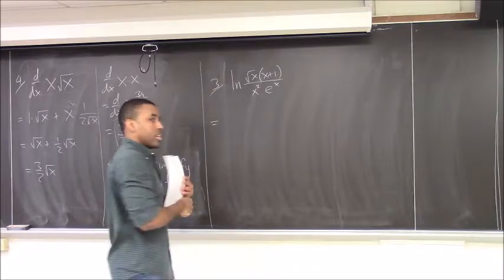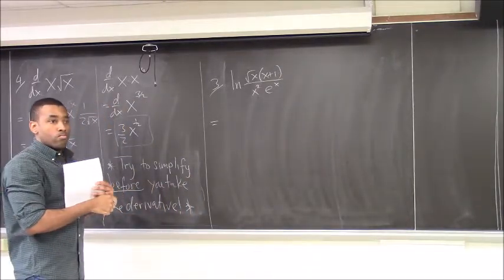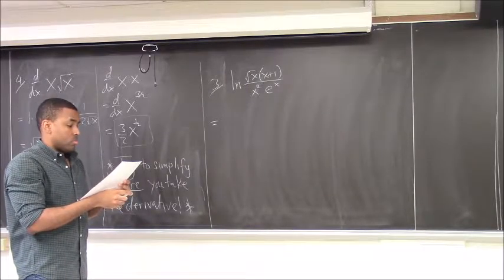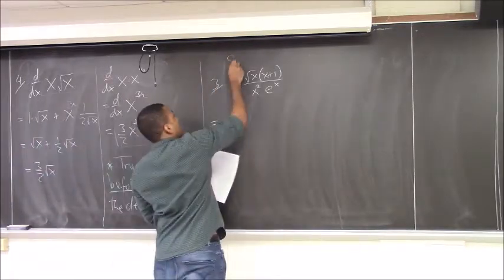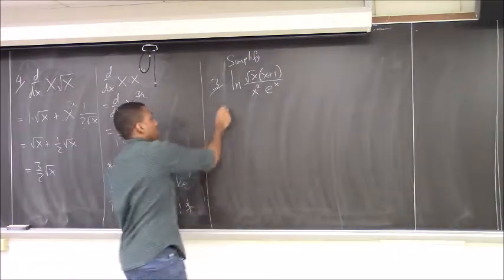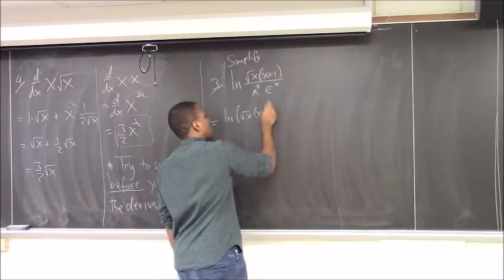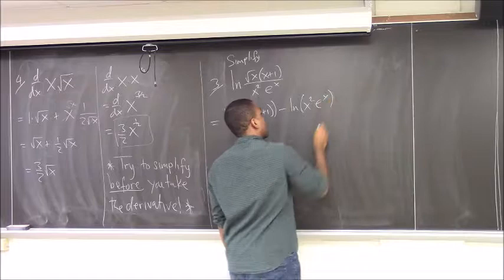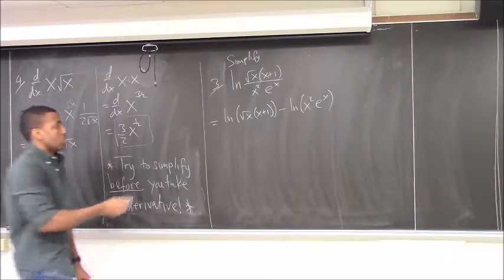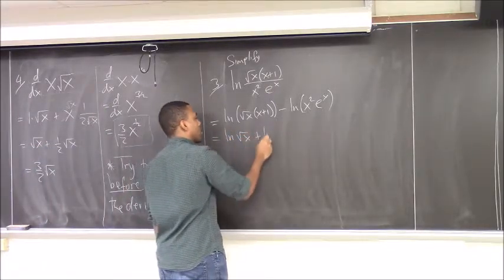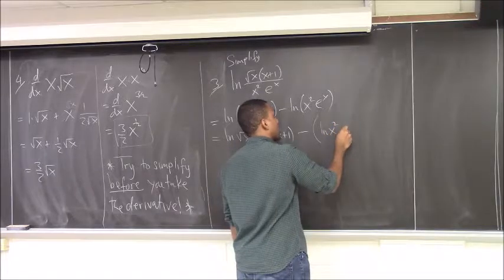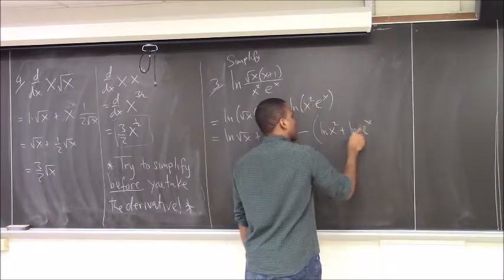So I did ln of the top minus ln of the bottom, because log of A over B is the same as log A minus log B. And then I did ln of square root of x plus ln of x plus 1, all of that in parentheses, and then minus parentheses ln of x squared plus ln of e to the x, which is just x.